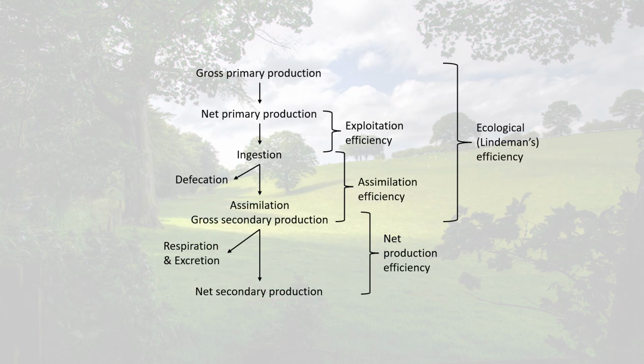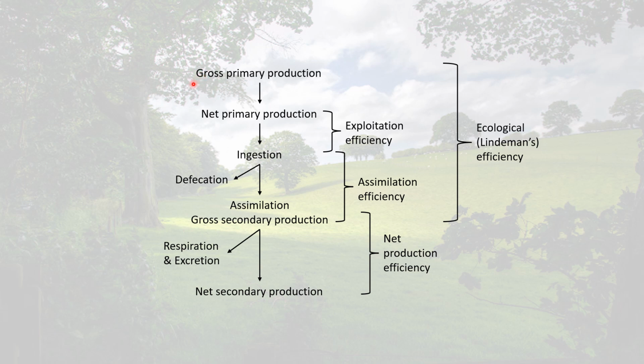Here is a schematic diagram for some efficiencies. Lindeman gave this schematic diagram. He said that the transfer of energy from one trophic level to another involves many processes, and it happens in consecutive steps.